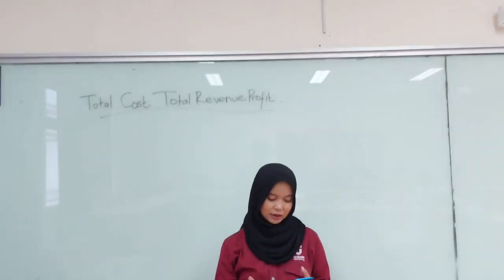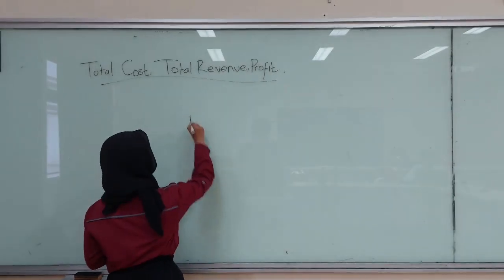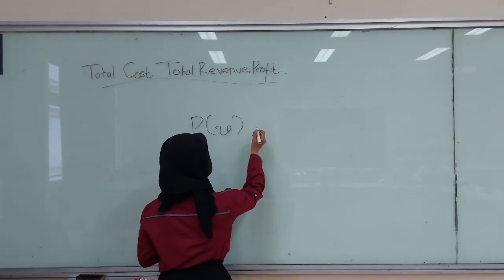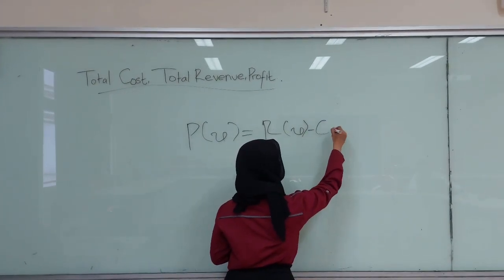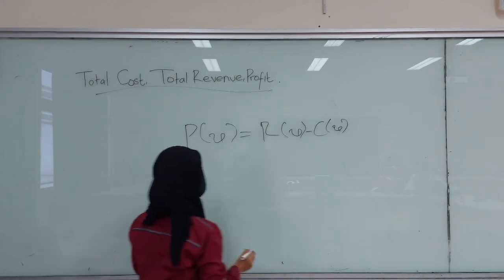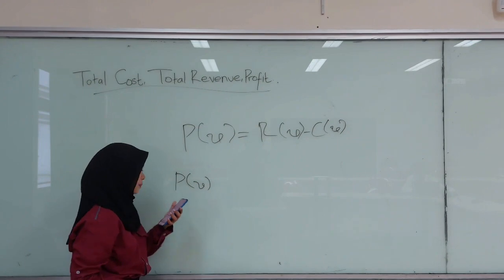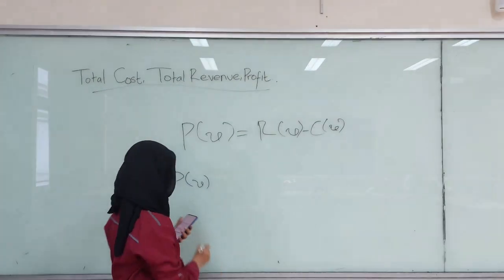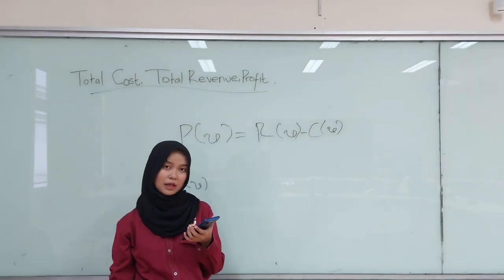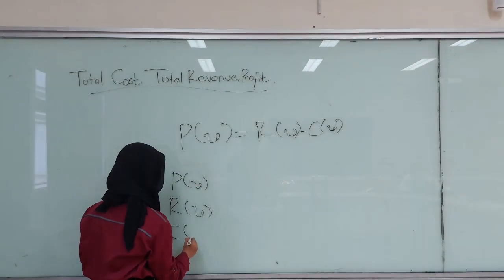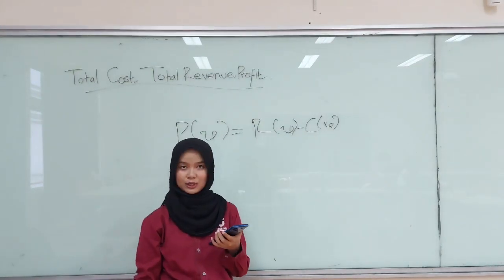If X units are produced and sold, we can write the formula P of X is equal to R of X minus C of X, where P of X is profit from sale of X units, R of X is total revenue from sale of X units, and C of X is total cost of production and sale of X units.